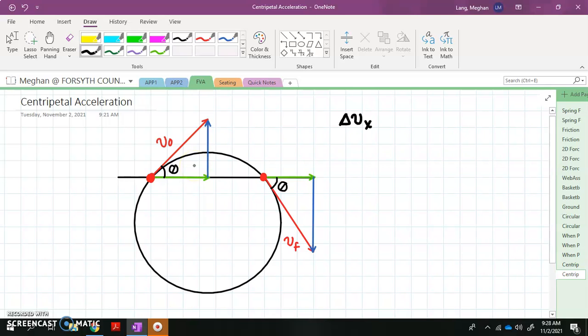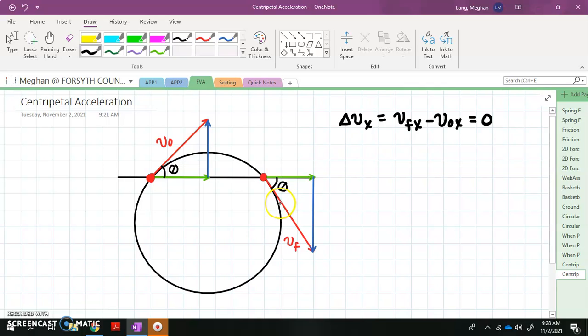The only acceleration I have is our centripetal acceleration that is causing direction to change. So if all of those things are the same, and I looked at v final x minus v initial x, those two values should be the same. So the change in velocity in the x should be 0.